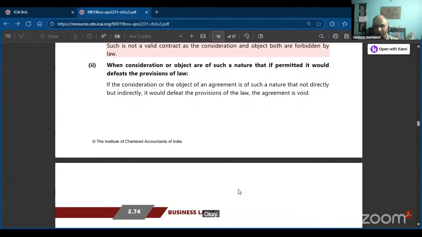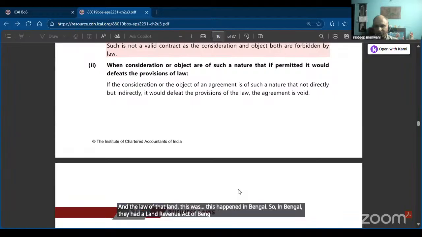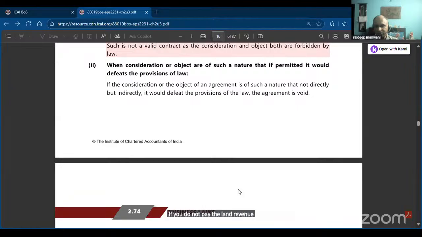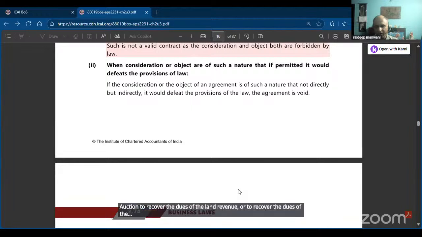Now coming to the point. Now this fellow had a land, and this happened in Bengal. In Bengal, they had a Land Revenue Act, which stated that if you do not pay the land revenue for 5 years, your land will be auctioned to recover the dues of the land revenue, and the person whose land is auctioned cannot buy back the land because he has to be taught a lesson.